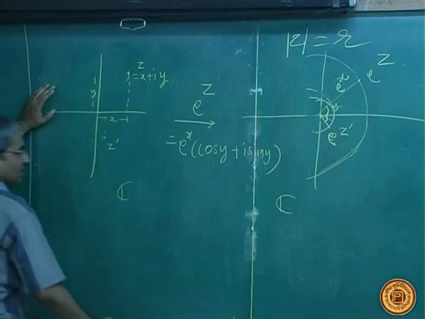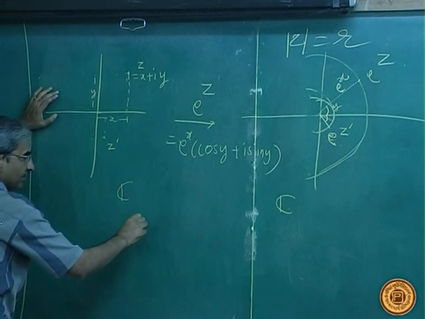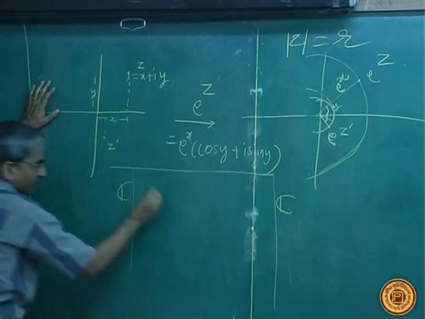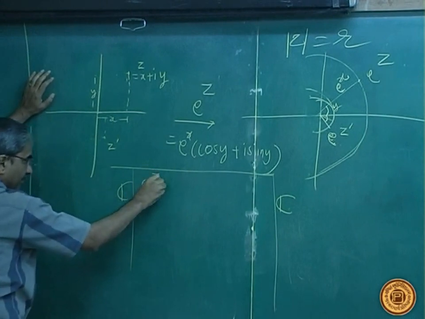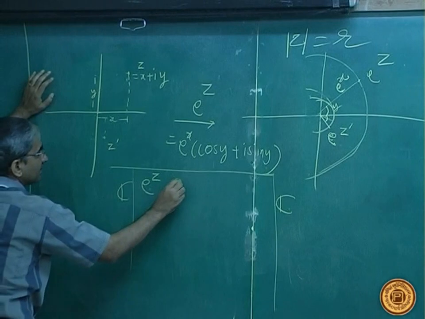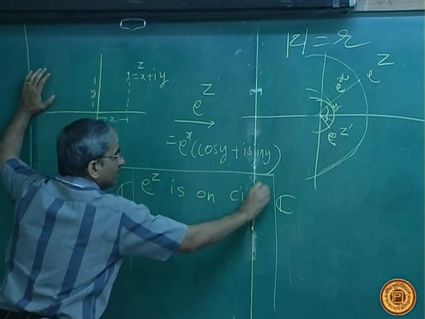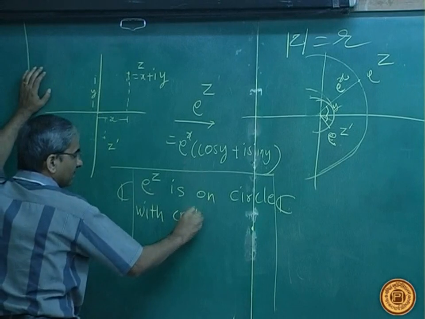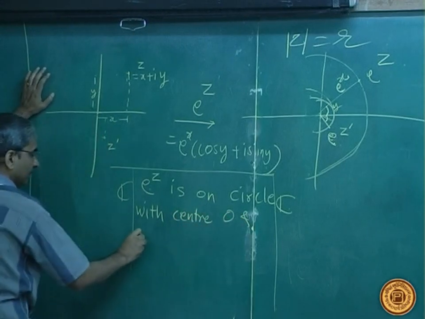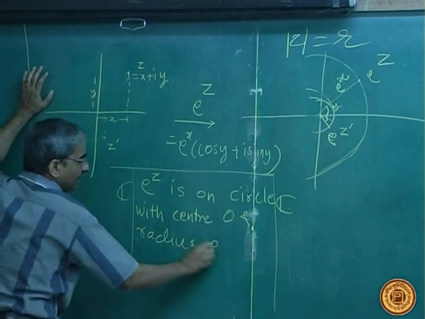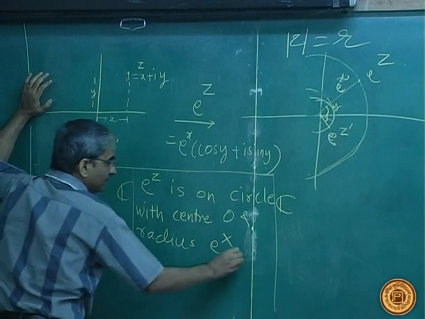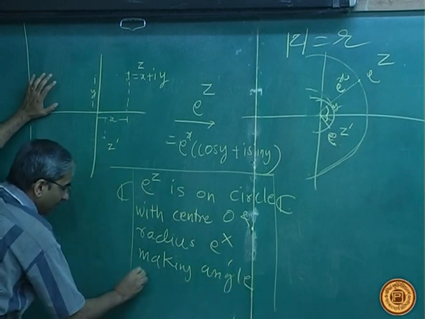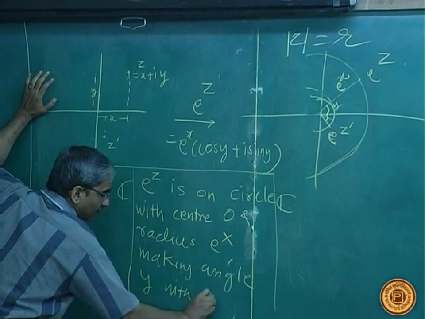Okay. So this sentence is important: e to the power z is on the circle with center origin and radius e to the power x, and making angle y with the positive x direction.